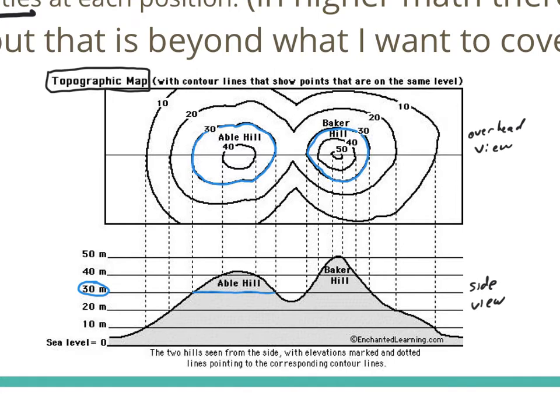This is a topographical map, and this is a common way that voltages are represented. We can show voltages in the same way as we show heights, because mathematically they have a lot of parallels.